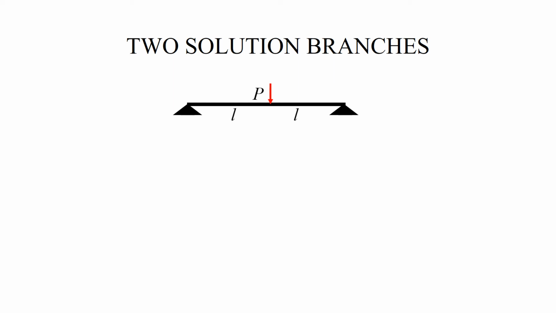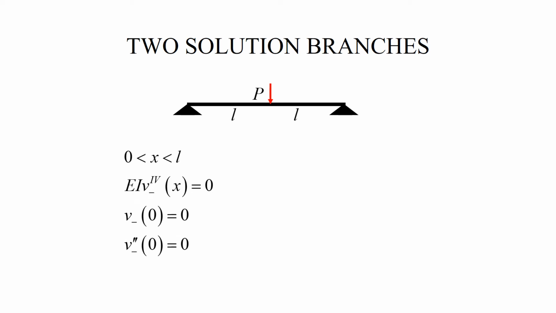difficulties, let us go back to the problem and say, let us try to construct two solutions. The left branch between 0 and L. For this branch, the differential equation is fourth derivative equal to 0, and I show the left branch with the minus.